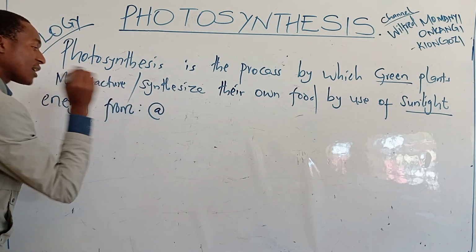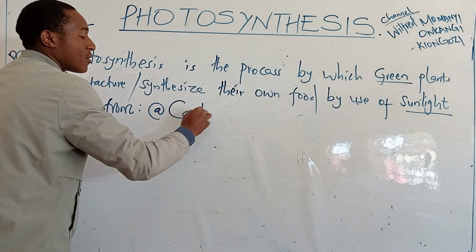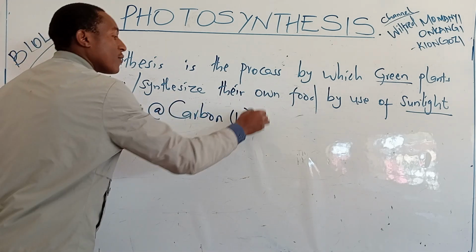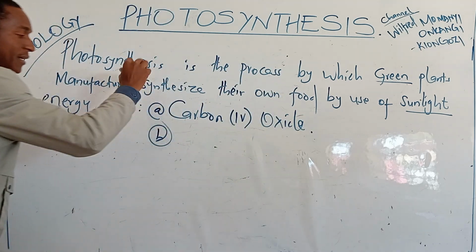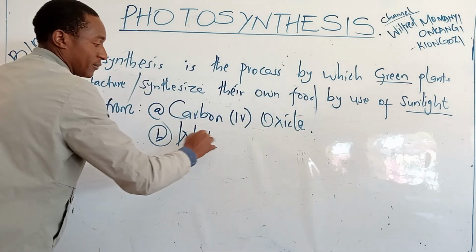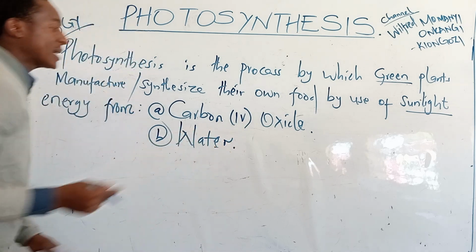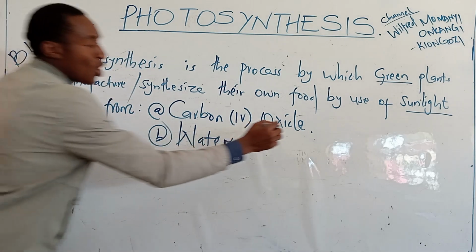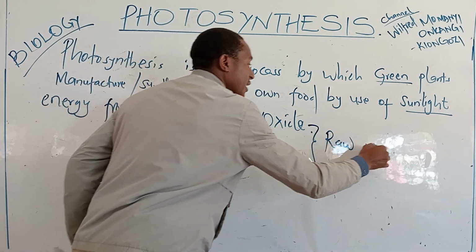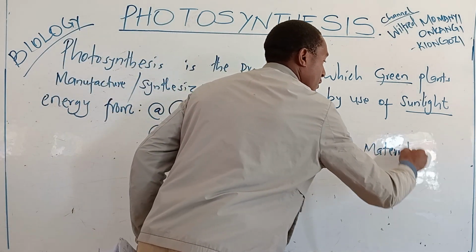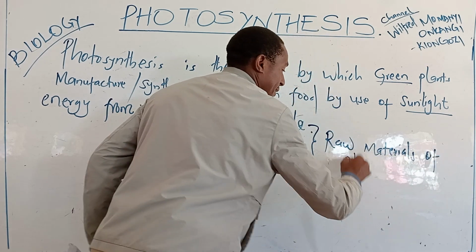A, we can put a colon there, carbon dioxide, and B, water. So in other words, these are the two raw materials of photosynthesis.